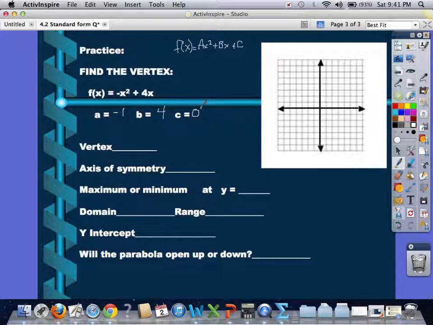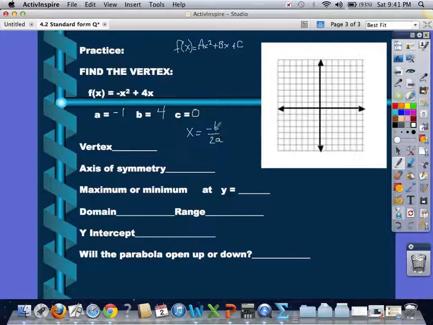All right, then you're going to plug in to find your vertex. We're going to plug it in to find your axis of symmetry, which is the easiest route to go. So that formula is x is equal to opposite of b divided by 2a.